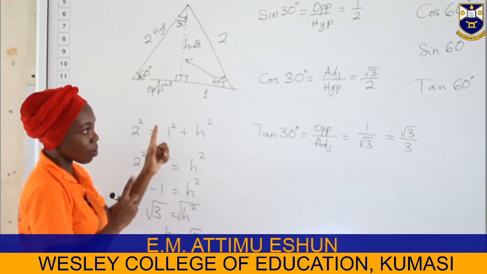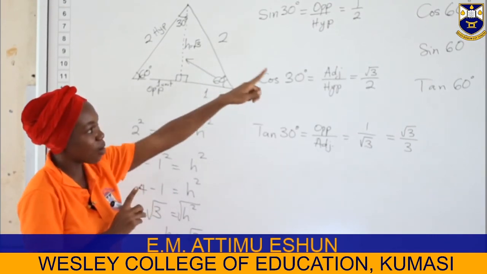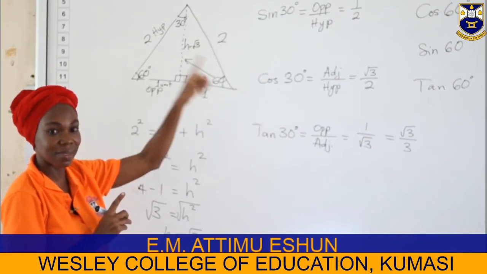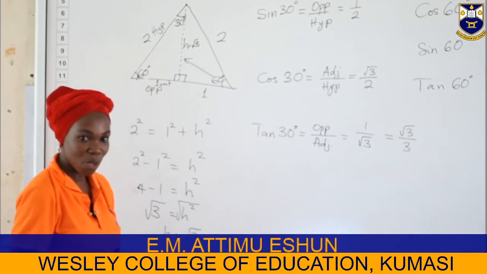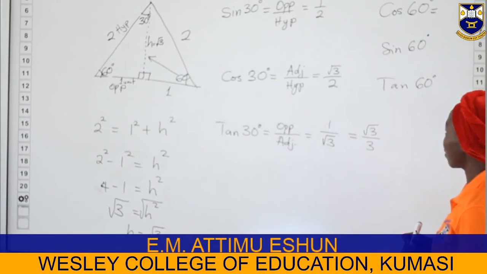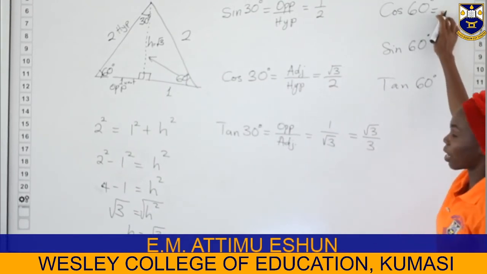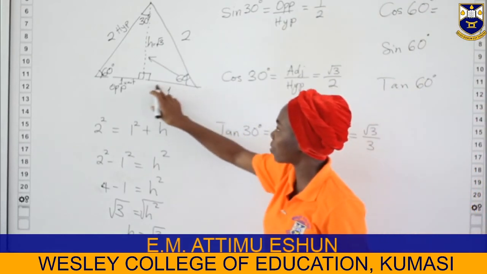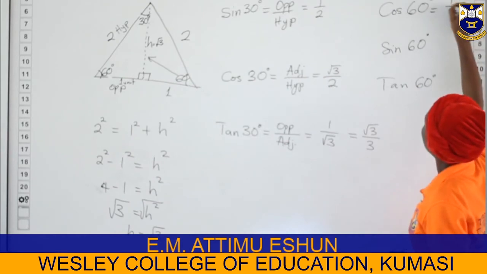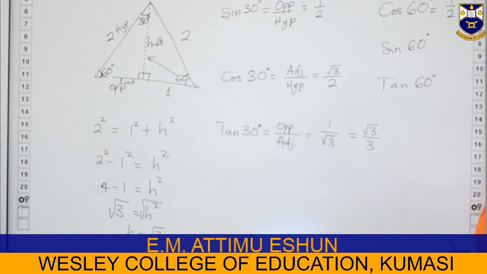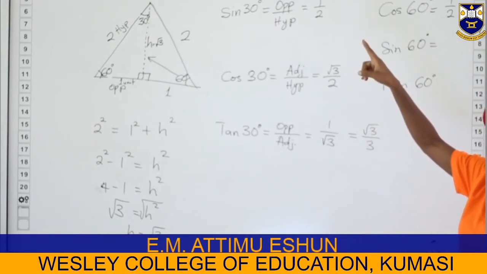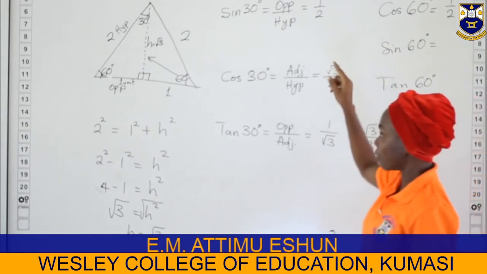So with extra caution here, we are going to find the trig ratios for 60, cos 60, tan 60, sin 60. Shall we go? Cos 60 will give us adjacent side divided by the hypotenuse side. And our adjacent is 1, the hypotenuse is 2. So we will have 1 divided by 2. If we come to sine, sine will give us the opposite divided by adjacent.